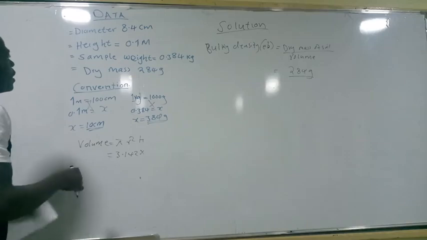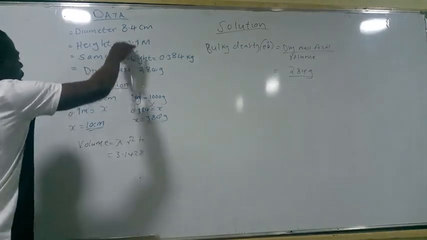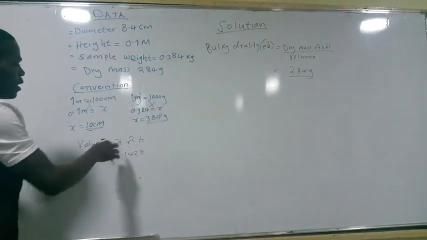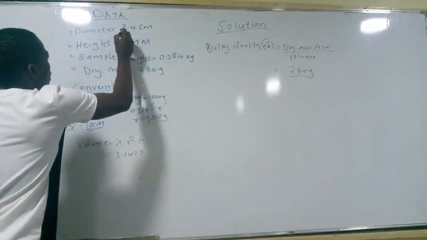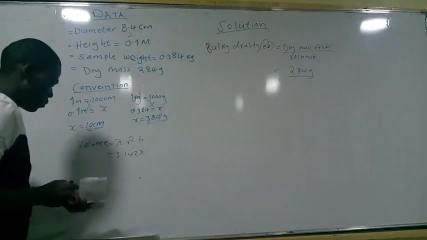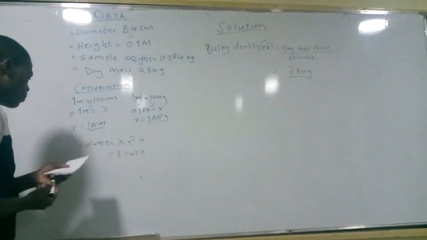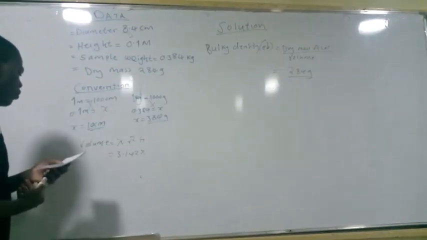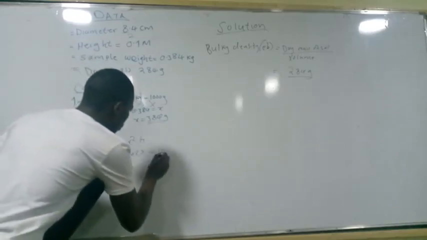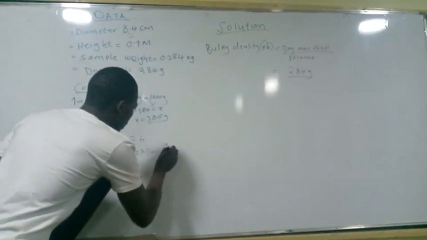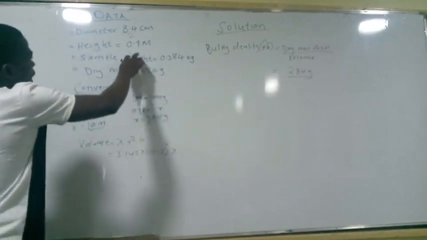Our radius is our diameter. Now, for you to get radius, you have to divide this diameter by 2. When you divide by 2, you are going to get 4.2 squared multiplied by the height.